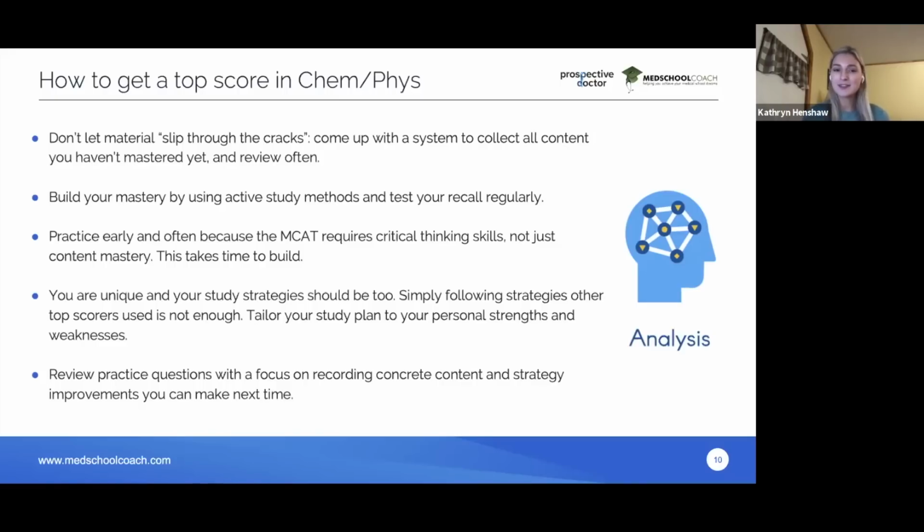So it depends on the student. I mean, some students love writing handwritten notes, other students like to put things in a spreadsheet. But the basis of this tip is to come up with a system personalized to you, where you can collect all of the things that you haven't yet mastered and review those topics often. So the weaknesses that you had before can become your strengths.